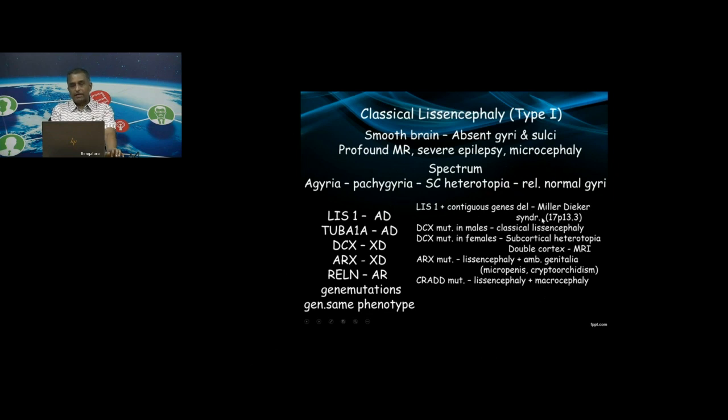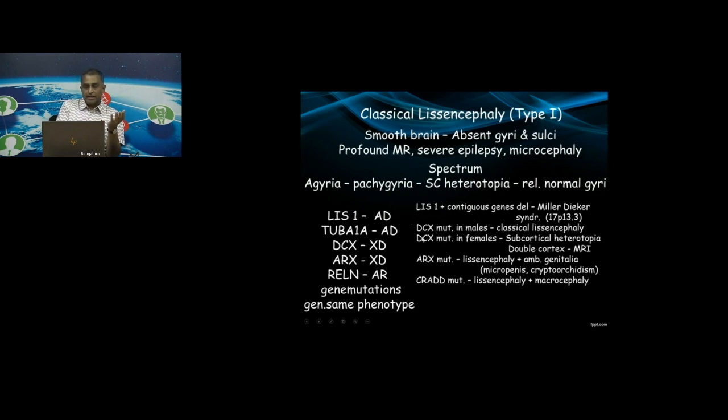Now, Miller-Dieker syndrome is oftentimes associated with facial abnormalities in the fetus. That means I need to look at the face. Whenever I see a classical lissencephaly, immediately I need to look at the face for abnormalities that I would expect if it's a Miller-Dieker syndrome.